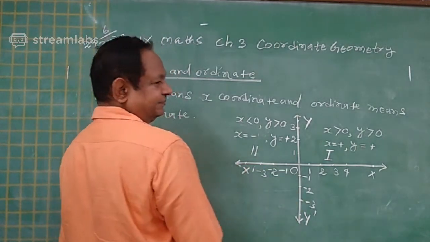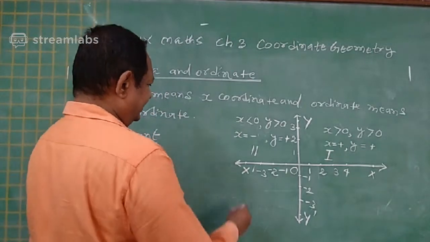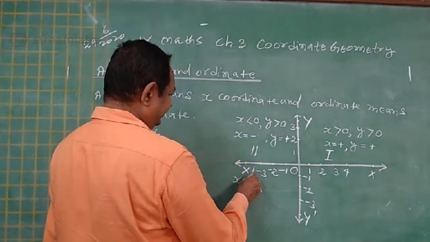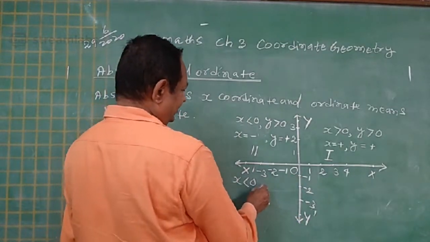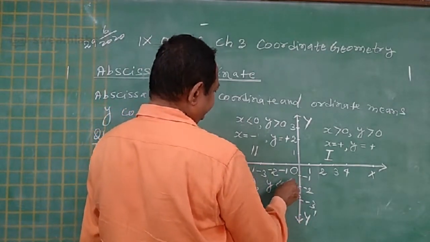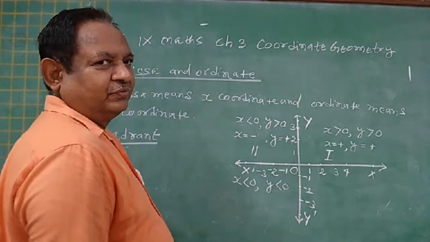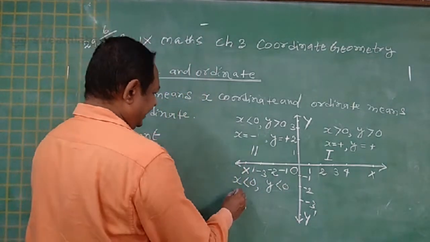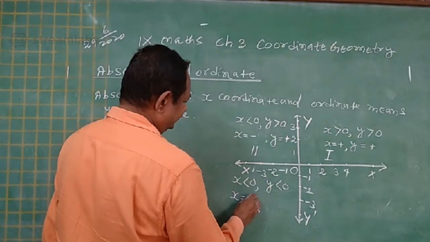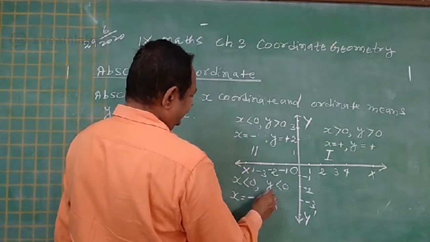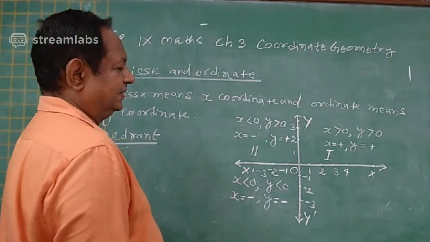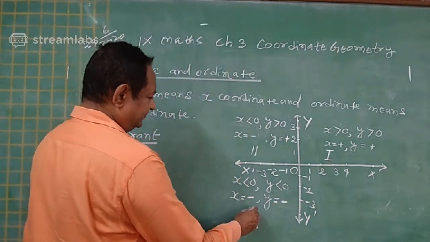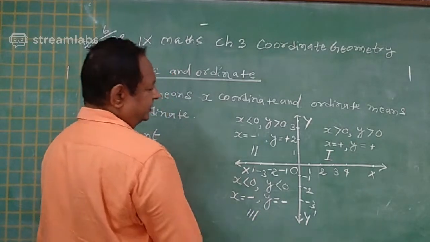In this region, x is negative, less than 0, and y is also less than 0. What does it mean? X is negative and y is also negative. So this is called third quadrant.